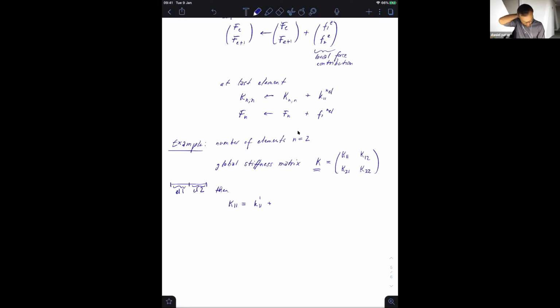How do I write that? Well, let's quickly use the first contribution. That would be K11 from element 1 and K22 from element 1. And now we would have in principle this local contribution from the second element.